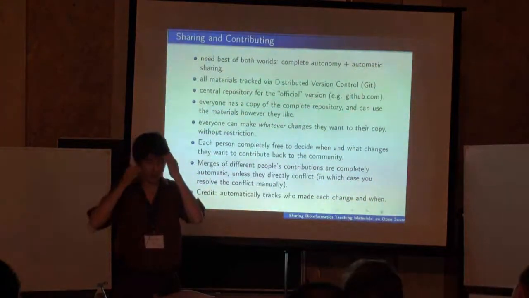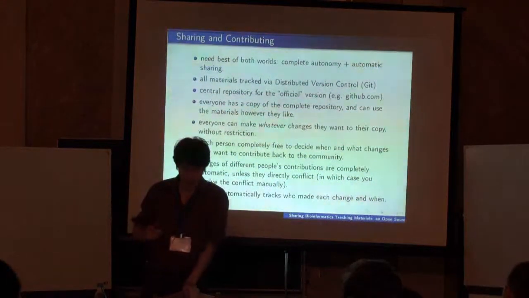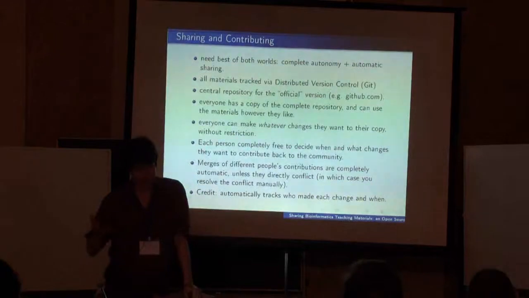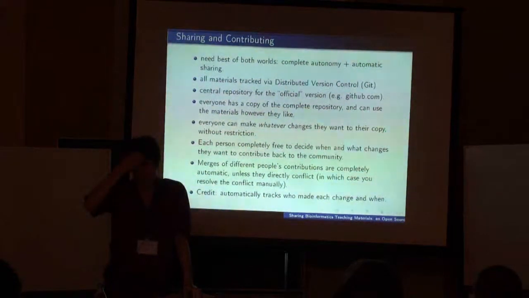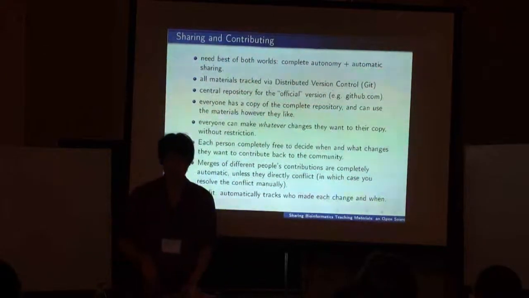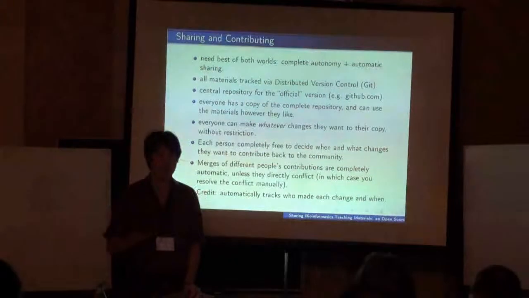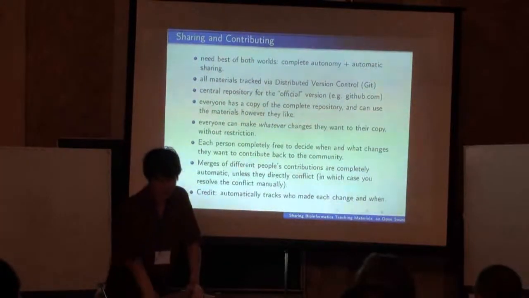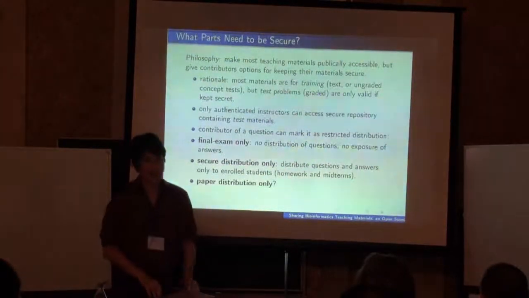Under the kinds of tools like Git distributed version control that I'm using, merges of different people's contributions would be completely automatic, and credit would be completely automatically tracked as well. That's what distributed version control does.